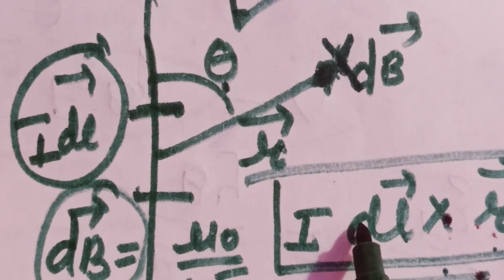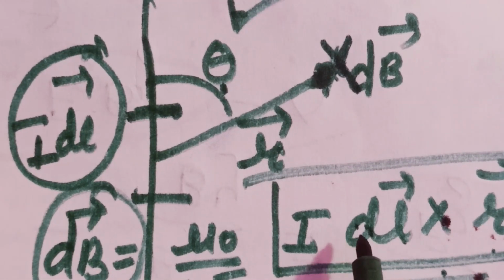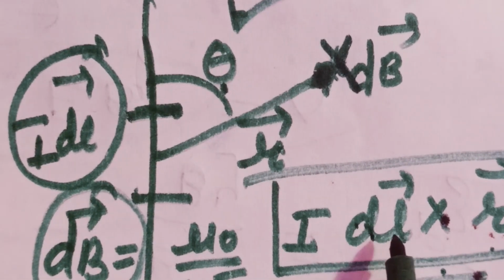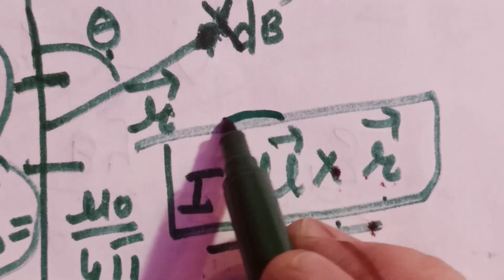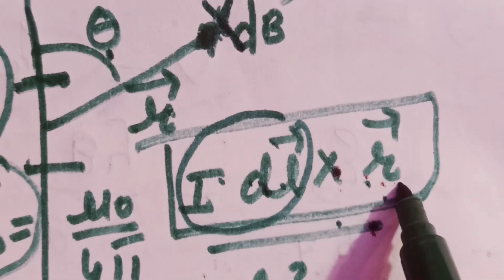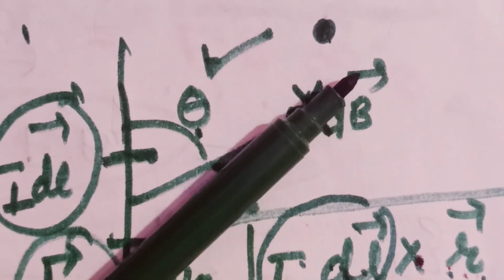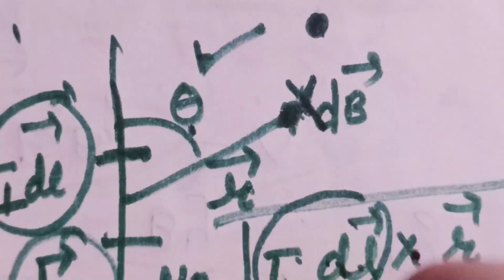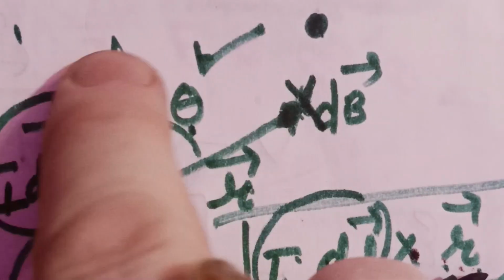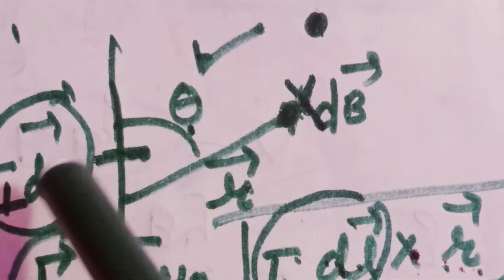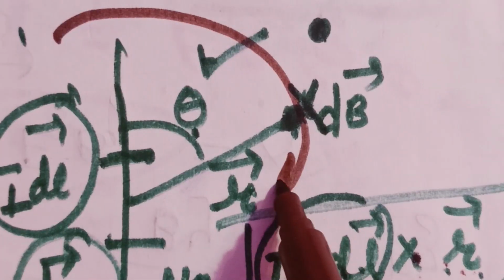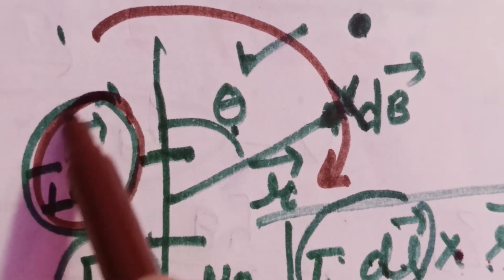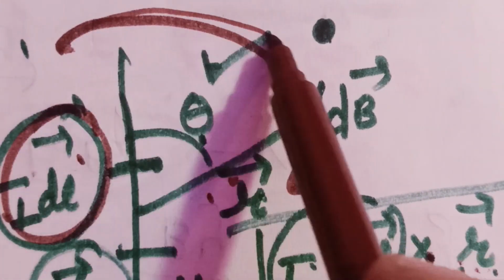Now, you may find it by the screw rule or right hand thumb rule. What is the screw rule? You rotate the screw according to this sense, I dl and r. This is I dl, this is r. You turn the screw like this. First this is the sense, I dl then r, I dl to r.